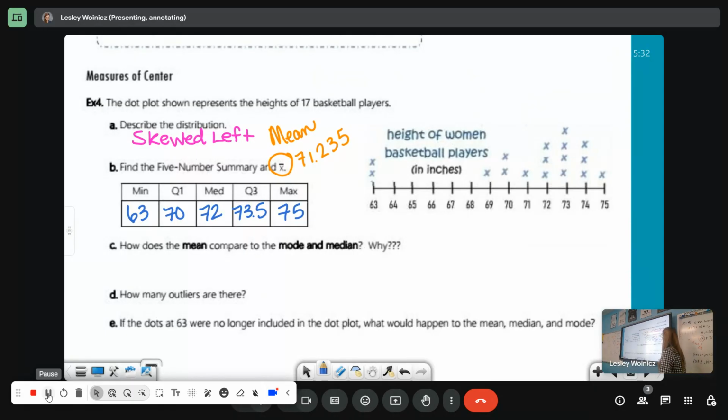Okay, tell me please how the mean compares to the mode and the median. The mode being this guy.